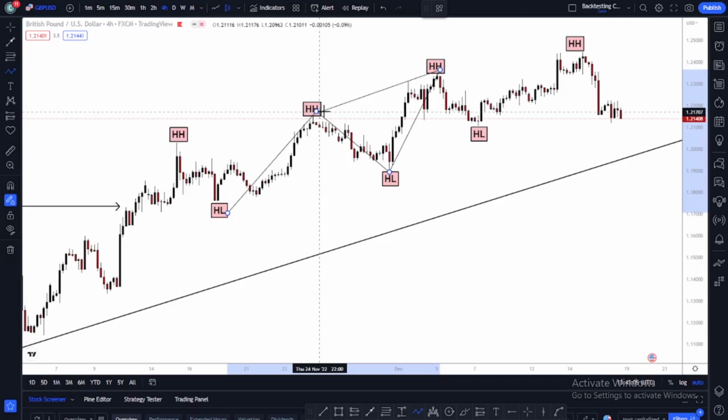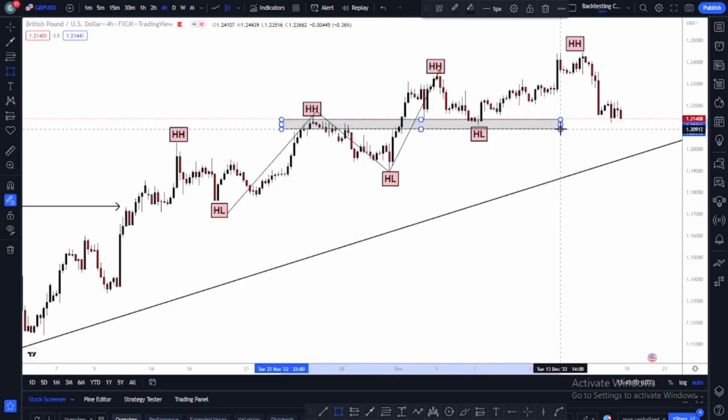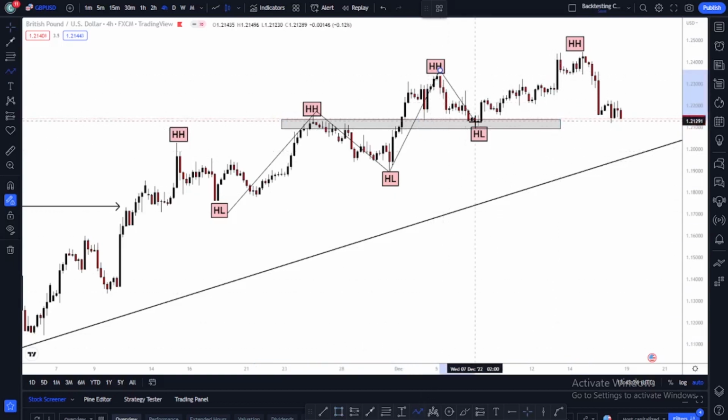So all I did was take my rectangle tool and draw across from point A to point B, and wait for price to come back, retest as a support, and continue the trend.